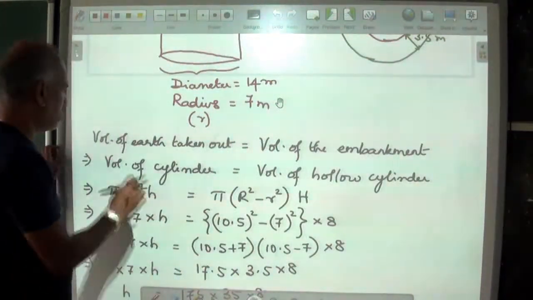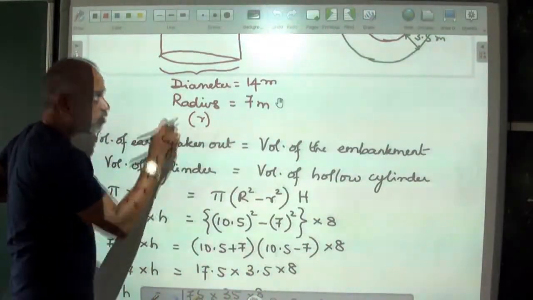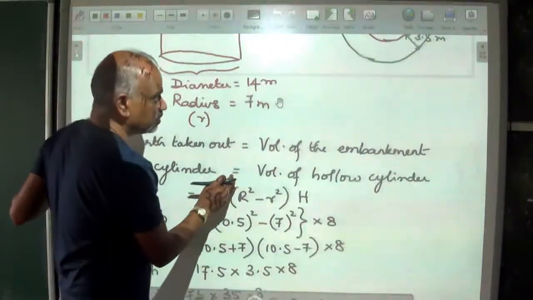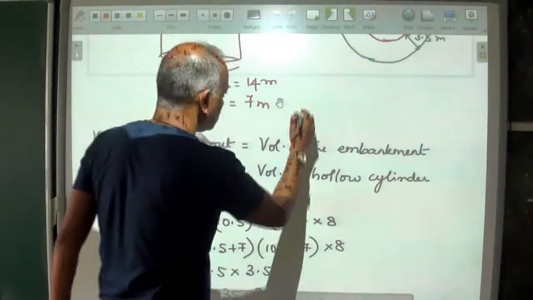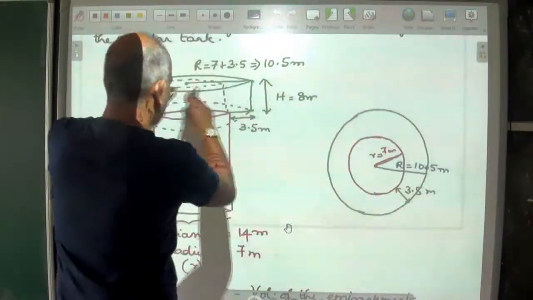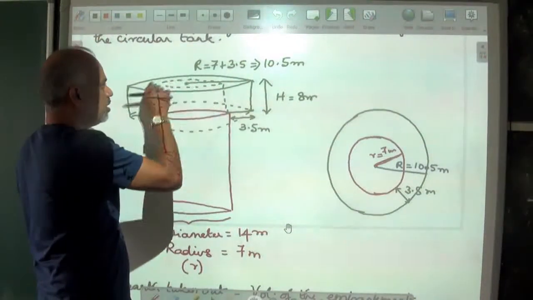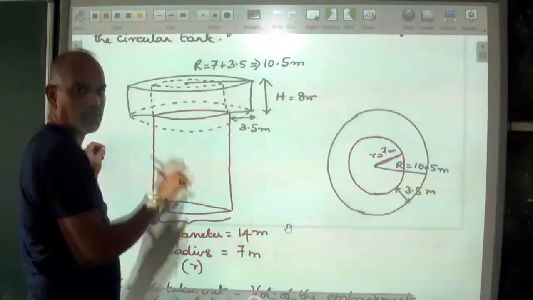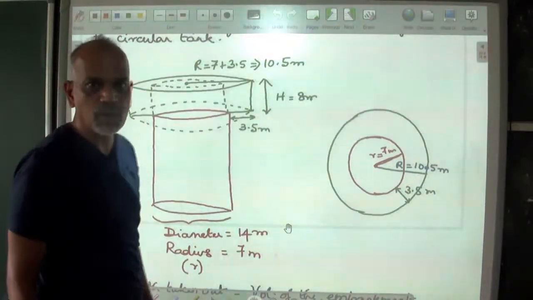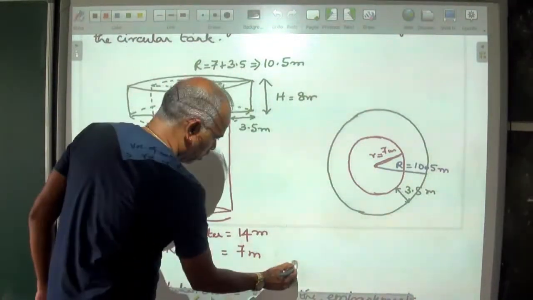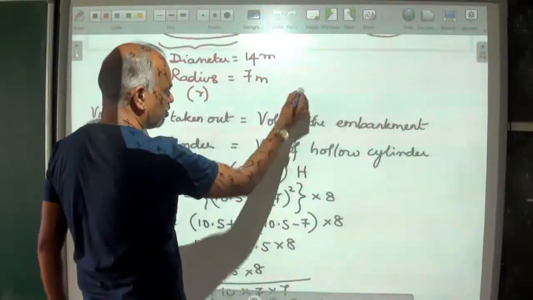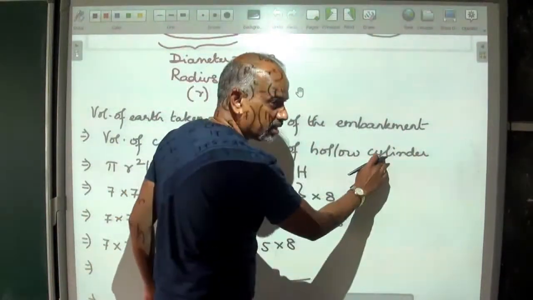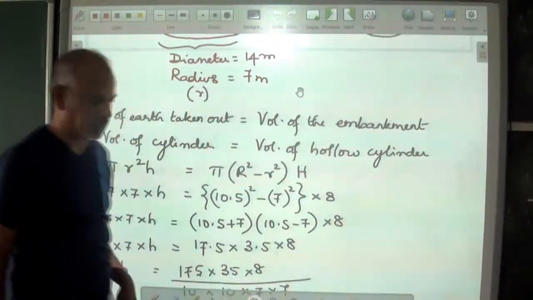Volume of earth taken out is in the form of a cylinder. This red color one is a cylinder. Volume of cylinder is equal to the green color one which you see on top. It is open here, it is also open here, which means this is not a solid cylinder. This becomes a hollow cylinder. So volume of the mud taken out is equal to volume of the embankment, which is volume of hollow cylinder. The green one is a hollow cylinder.